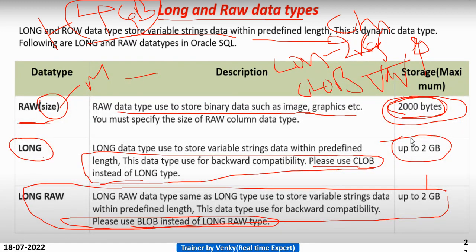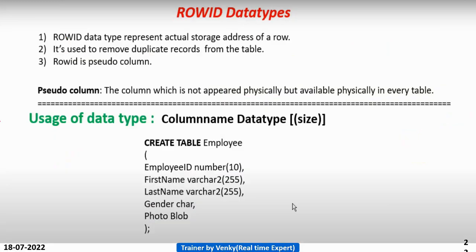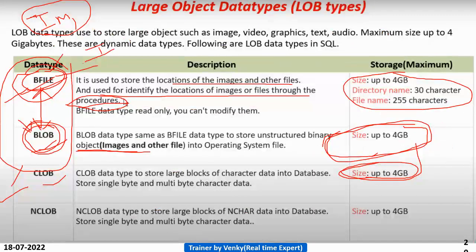But instead of LONG and LONG RAW, as per Oracle standards, you should use CLOB and BLOB, because there is a backward compatibility concept. That's the reason they are recommending. I never use them in real time. In real time I use BLOB and BFILE.